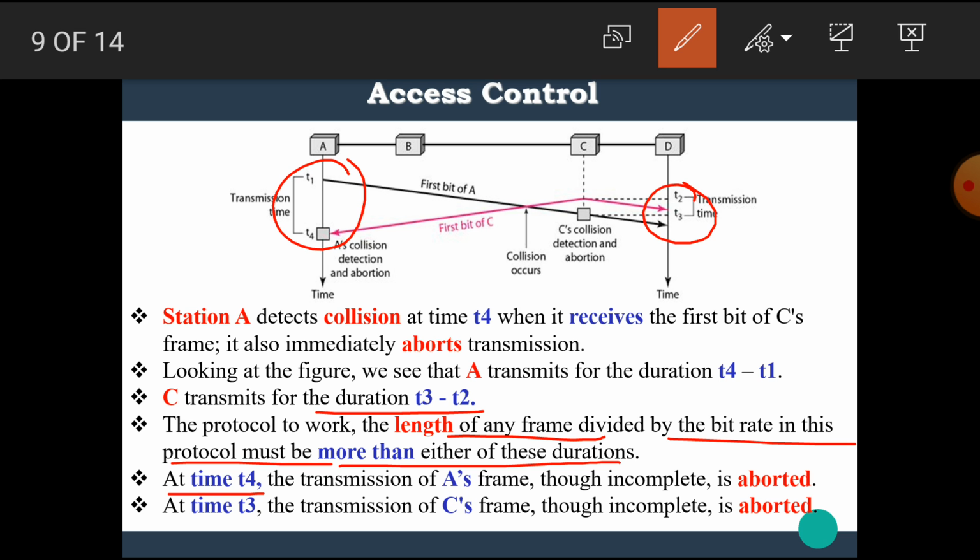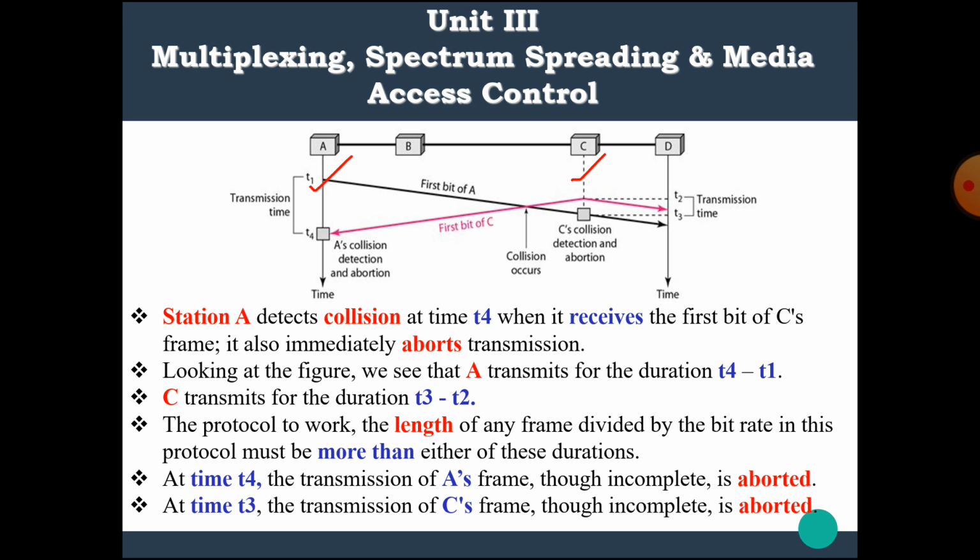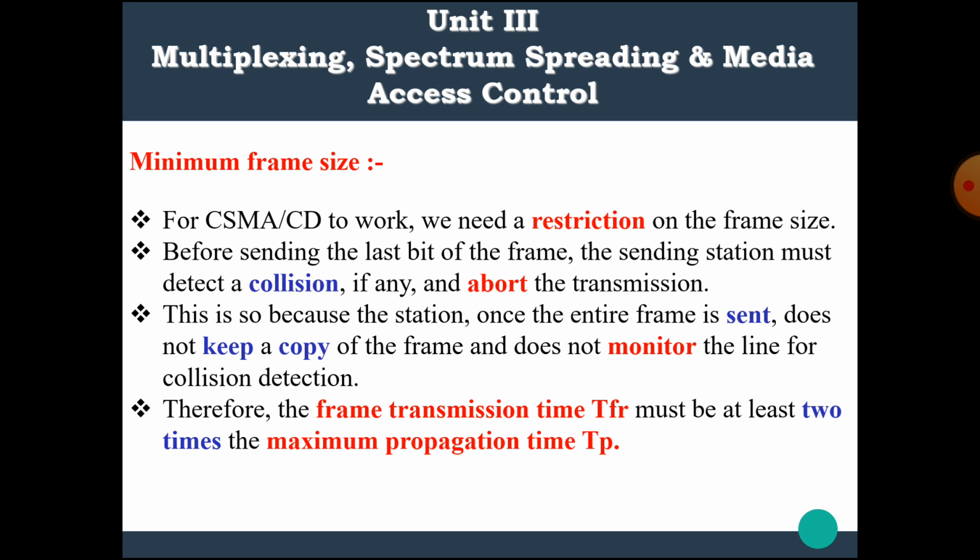At time t4, the transmission of A's frame, though incomplete, is aborted. At time t3, the transmission of C's frame, though incomplete, is aborted. That means in both cases, the transmission through A and the transmission through C are aborted. Okay, I hope you all understand the diagram here.